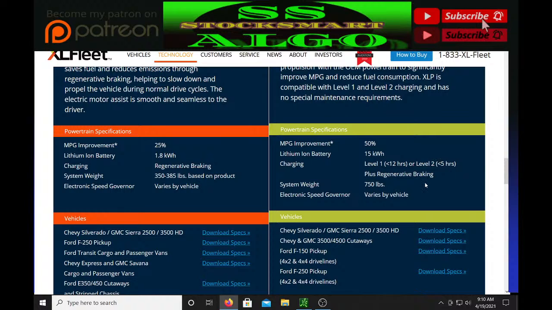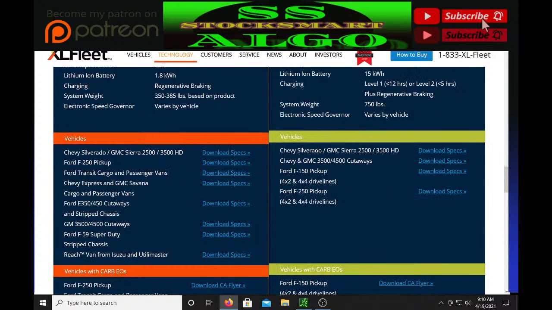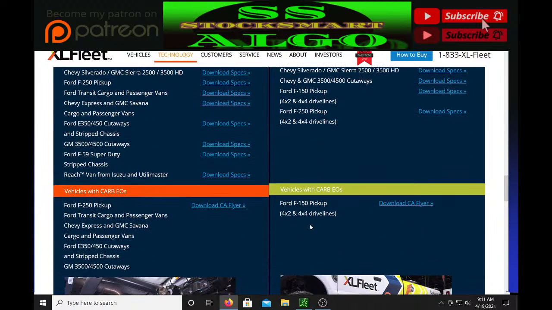So less than 12, less than 5. I get it. And the vehicles, you can get those on 4x2 and 4x4 drive lines. That's going to be important for a lot of people. You're going to want to have 4x4, but the 4x2 is perfect for anyone working flat, city, whatever.